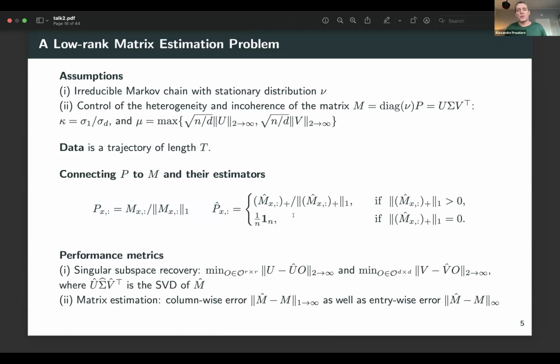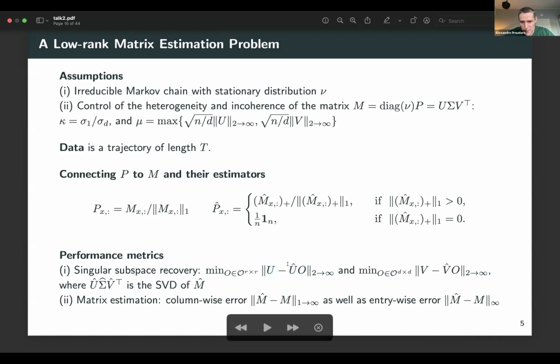So when it comes to recovering the matrix P or M, we will try to recover the singular subspace U of the matrix. And when it comes to the norms that we use to look at the performance of our estimator, we look at the 2 to infinity norm of the recovered subspace.